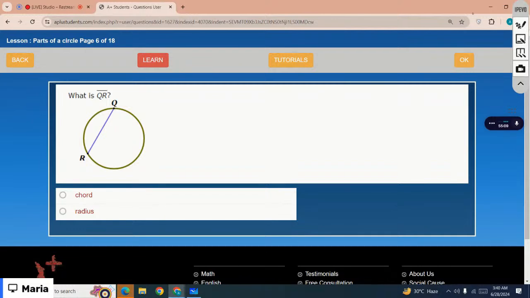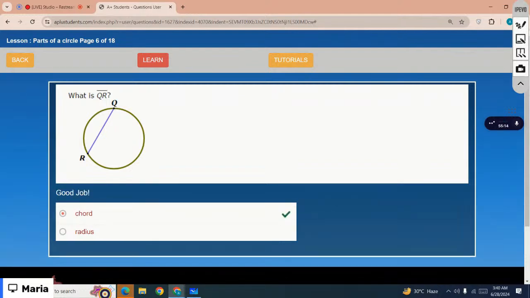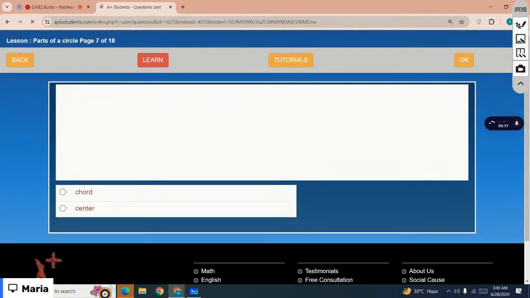Chord it is. The correct option is chord. What is U? U is the center of the circle. The correct option is center.